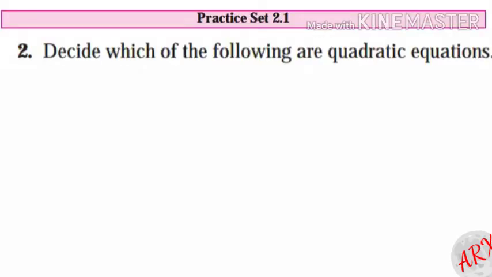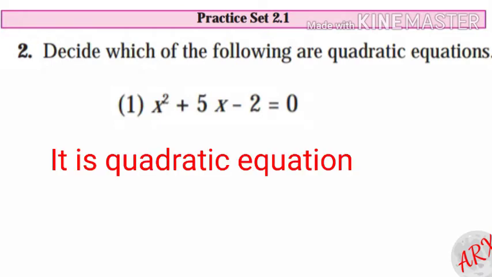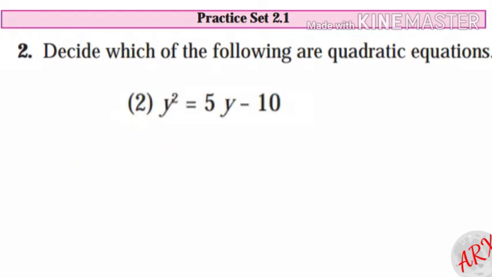Question number 2. Decide which of the following are quadratic equations. First, x square plus 5x minus 2 equal to 0. As degree or index of variable is 2, hence it is quadratic equation. Second, y square equal to 5y minus 10.